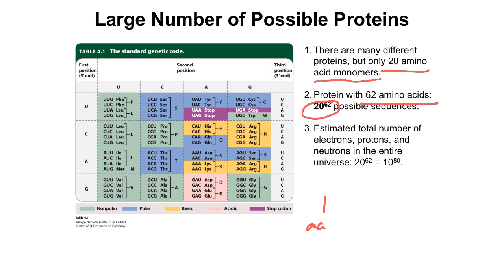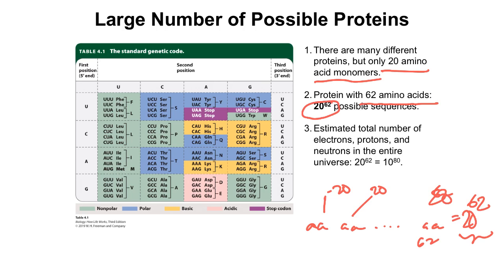Amino acid position 1 gives you 20, the second amino acid position will give you another 20, and so on and so forth, until you end up with amino acid 62. And so that gives you 20 to the 62 possible sequences, the maximum possible sequences that you can get.